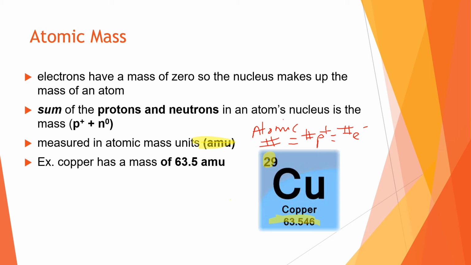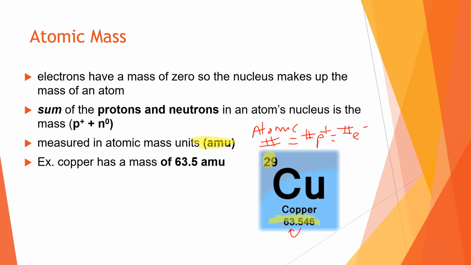So when we see decimals, we always round to a whole number. We don't want to have any decimals in our mass. So you would look at this 5 here. Okay, 63.546. The 5 is going to round the 3 up to a 4.